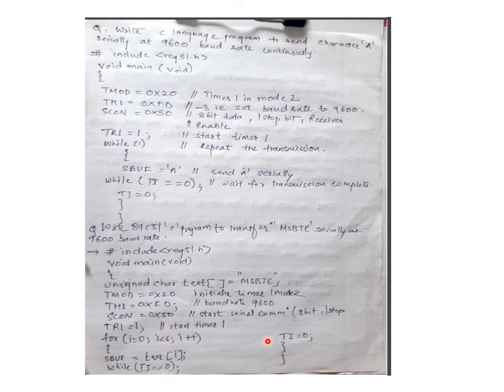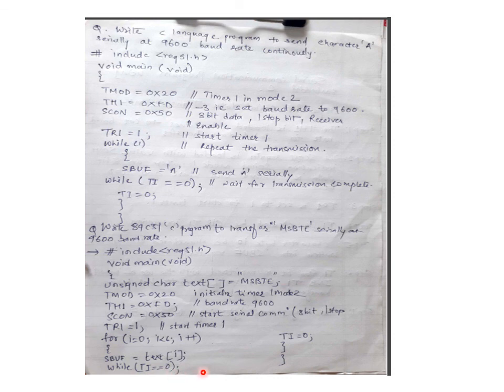So 0 to 6 it will be total 7. Then curly bracket start, SBUF is equal to text[i], means one by one the character will be transmitted. First inverted comma, then M, S, B, T, E, then inverted commas closed.